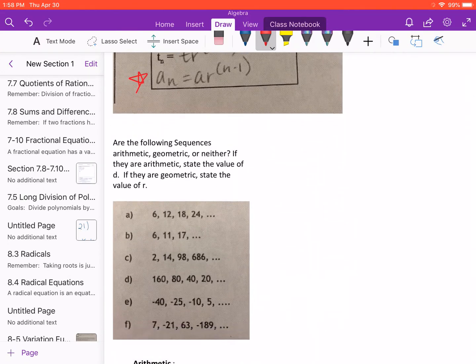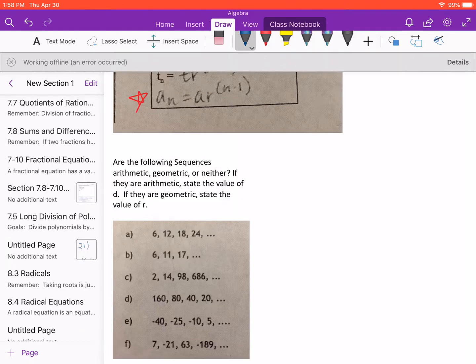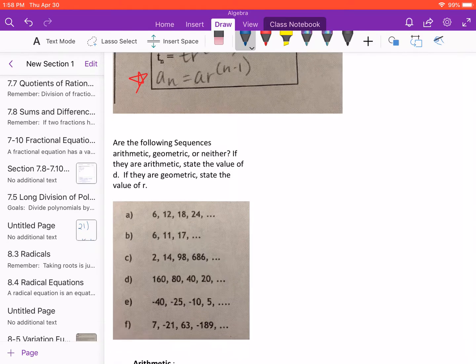Are the following sequences arithmetic, geometric, or neither? If they are arithmetic, state the value of D, and if they are geometric, state the value of R. 6, 12, 18, and 24. The number pattern that we see here is that each value is 6 more than the previous.